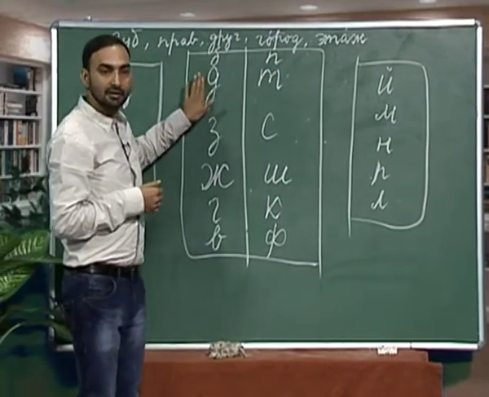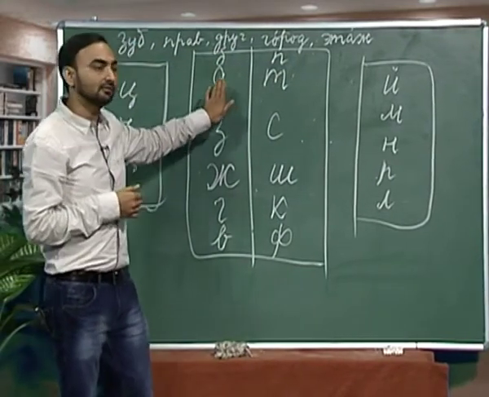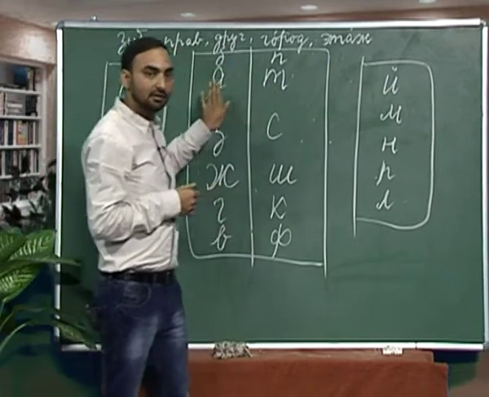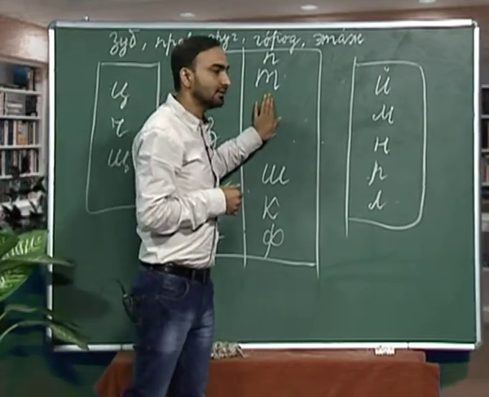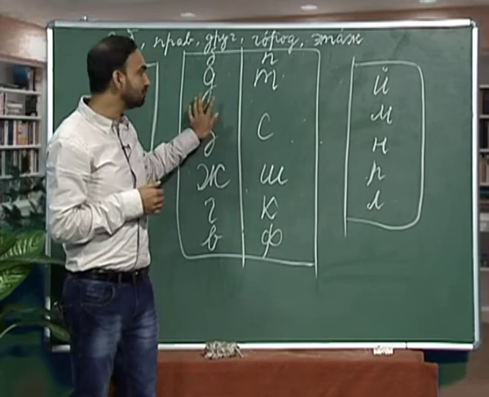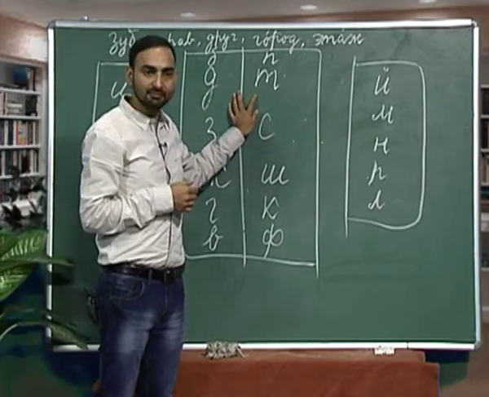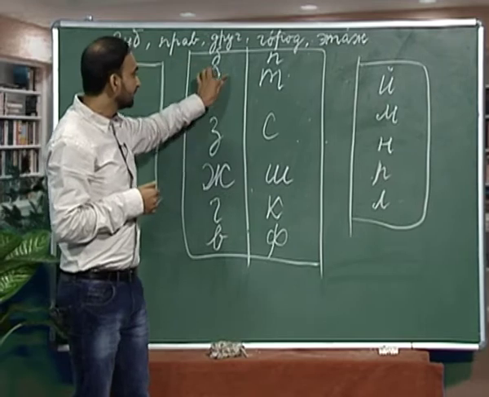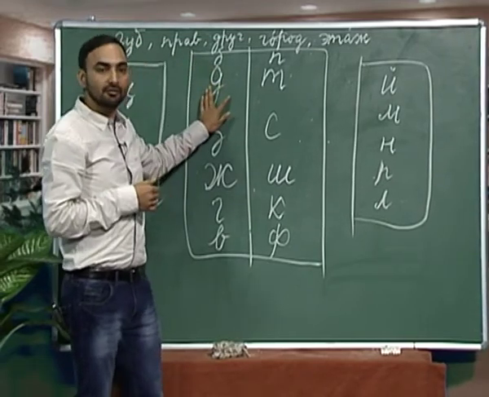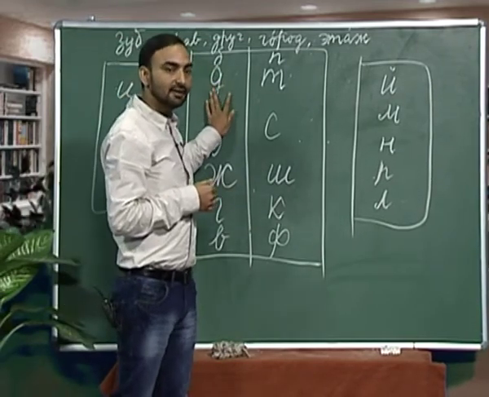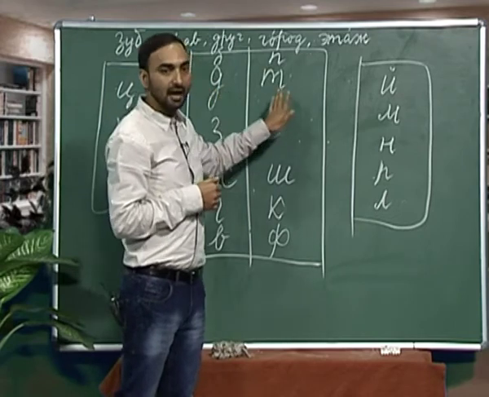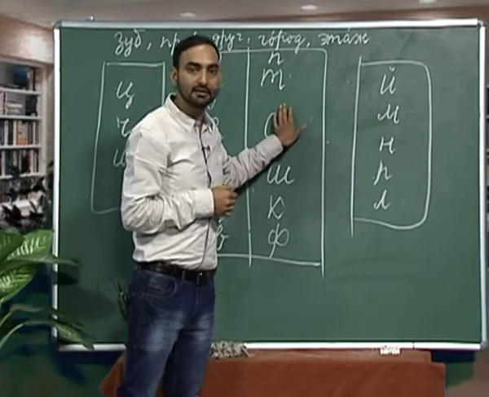Similarly, the place of articulation of both these sounds is the same, but while pronouncing the first, vibrations are more, that is why this is a voiced consonant, and its voiceless counterpart is the second.